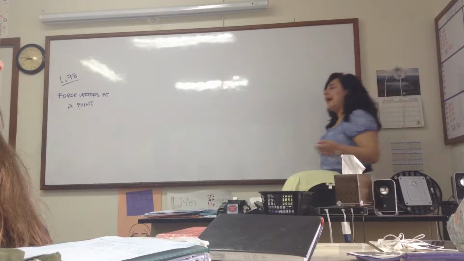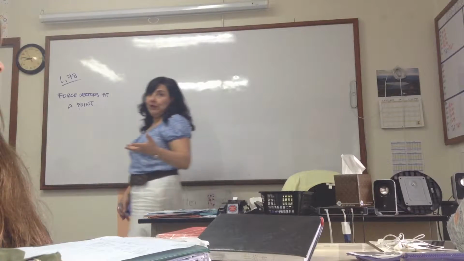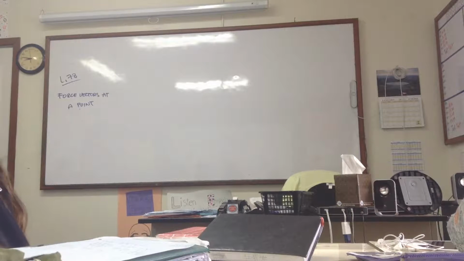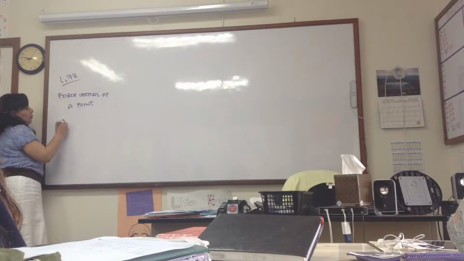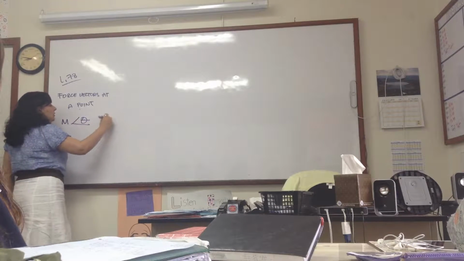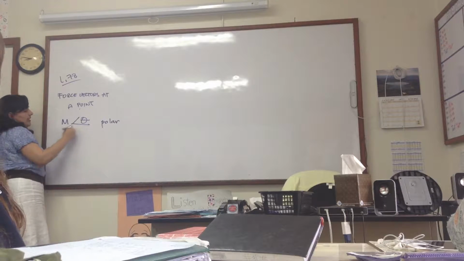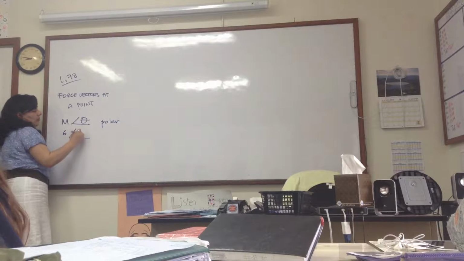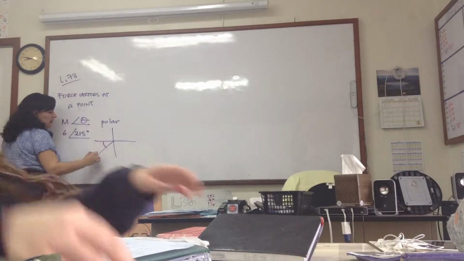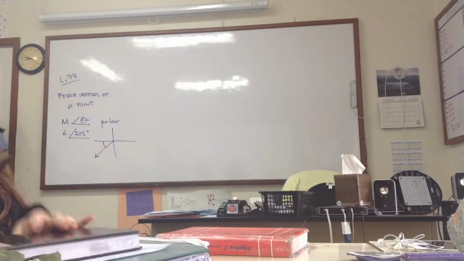Okay, so up to now we've been doing polar coordinates and rectangular coordinates, right? And the word vector has not come up except when I tell you that that's how you write vectors, remember? And I told you that this is polar, for example, 6 to the 215 degrees, and you know that it's here, right? And I always tell you, please write an arrow.